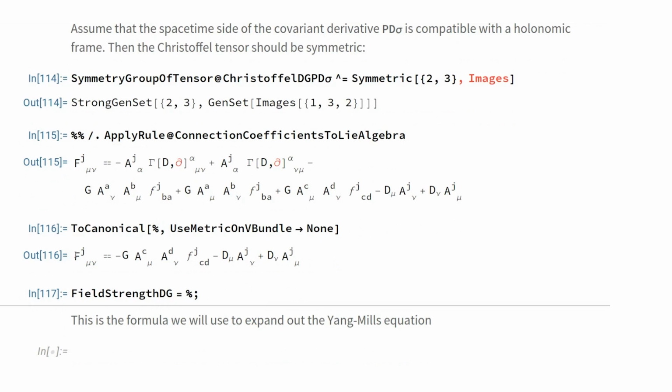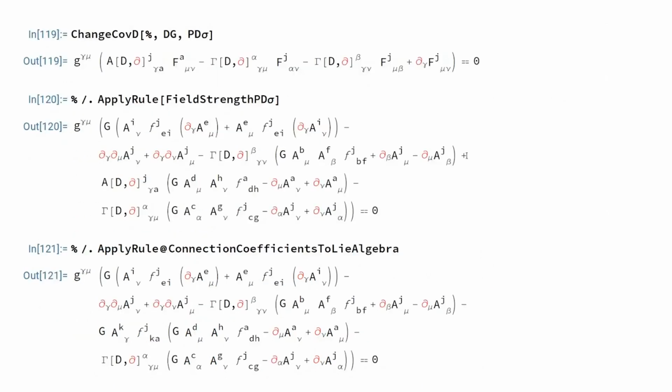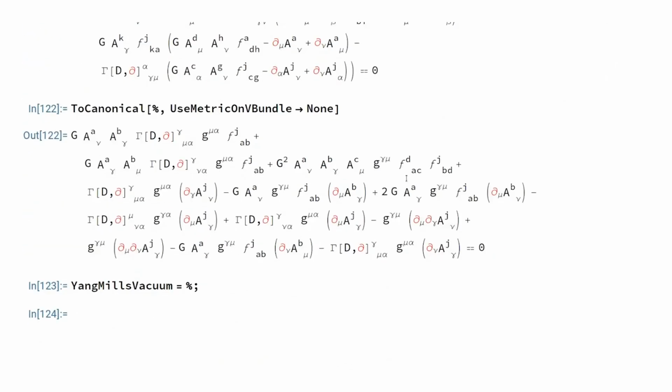Okay, so now with this expression, I can just write down the Yang-Mills equation. I just have to replace what I got in the previous slide and run the computation. And here it is.